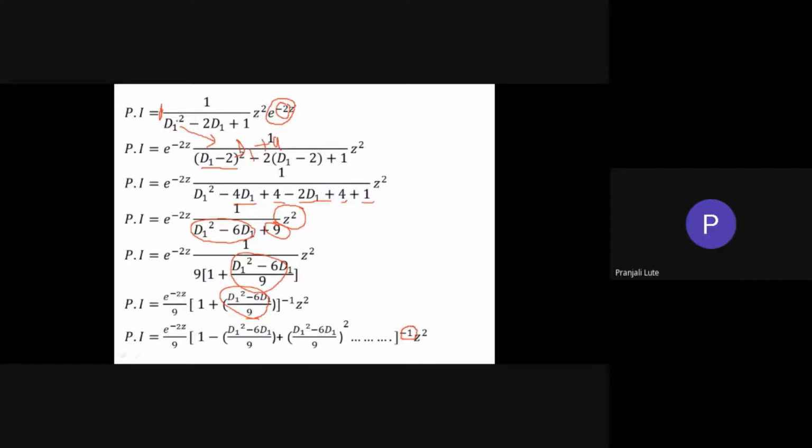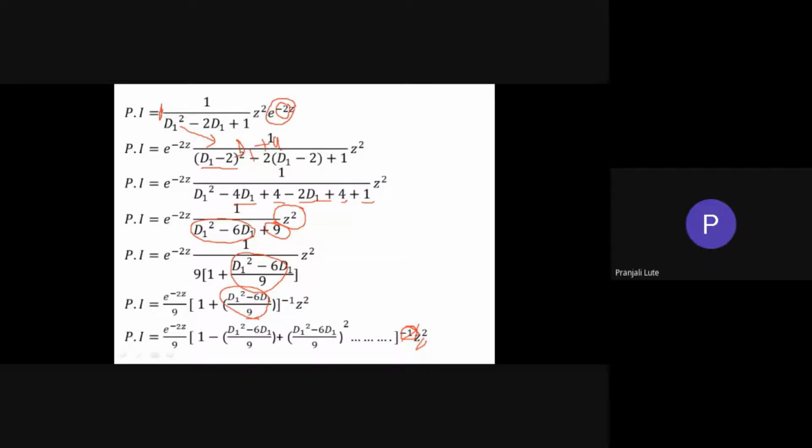And right hand side is z square. So here power of z is 2, means we have to take the derivative of z square 2 times. सिर्फ 2 बार ले सकते हैं आप z square का derivative. If we consider the third derivative of z square, it will be 0. So in this expansion, d1 square means double derivative and d1 means a single derivative.